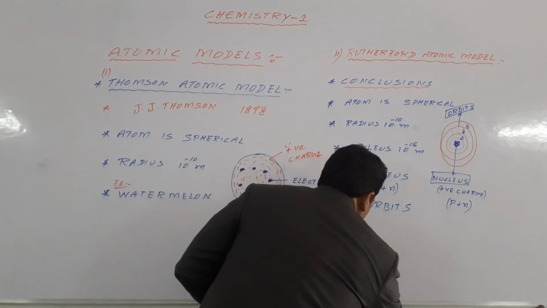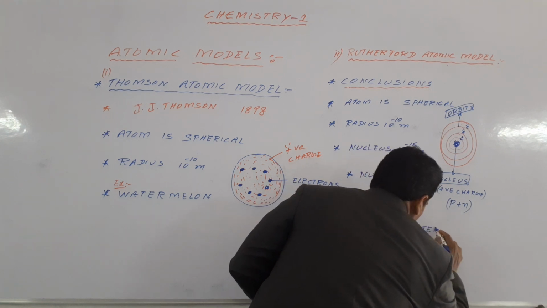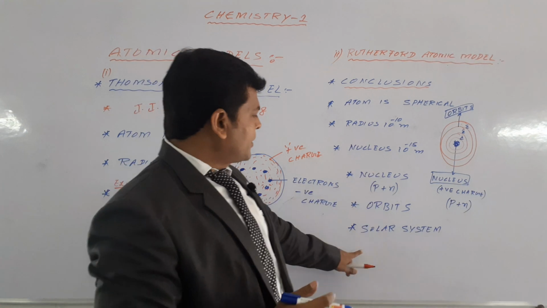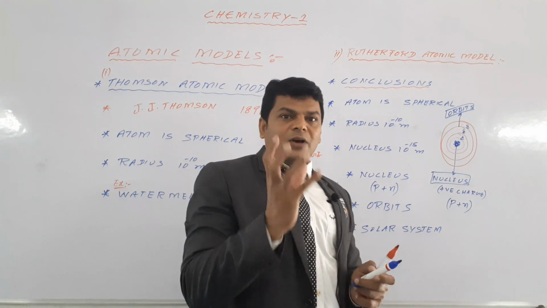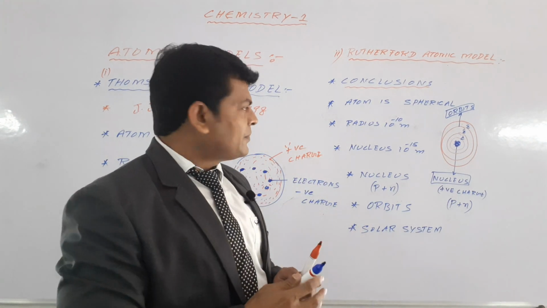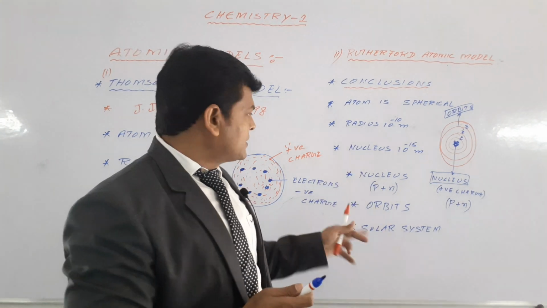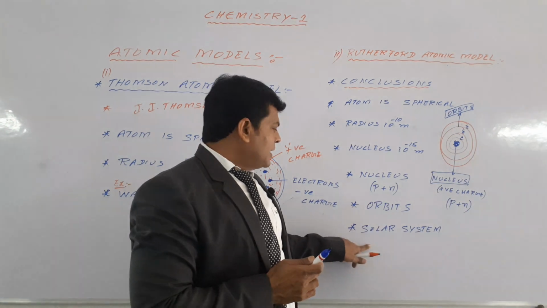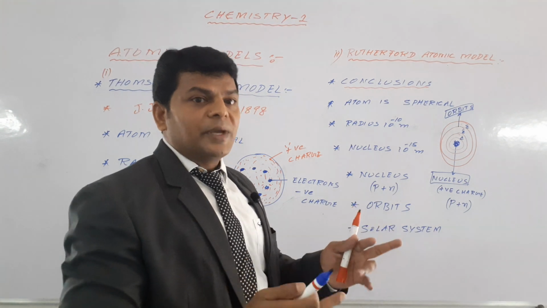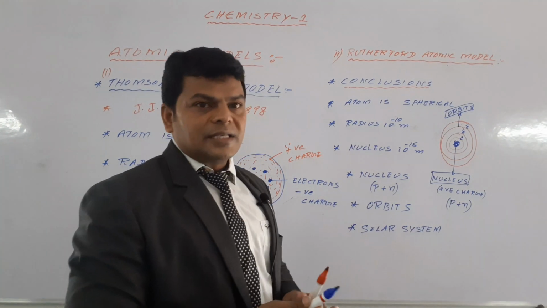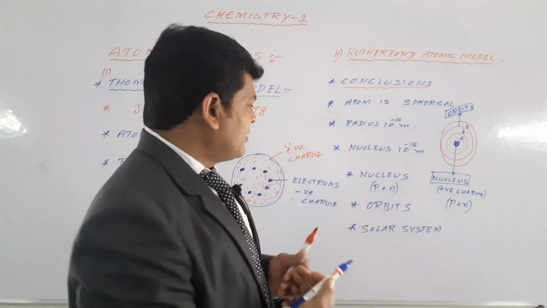In the solar system, planets revolve around the sun. Here, electrons revolve around the nucleus in circular paths called orbits. That's why we may compare it to a solar system, the planetary model of an atom.